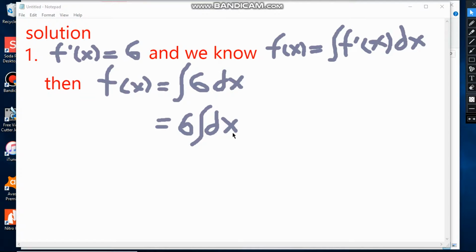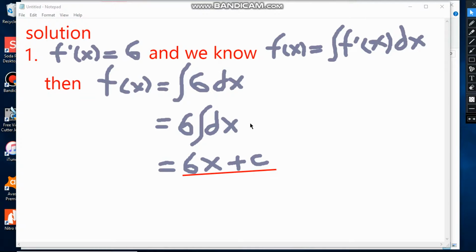So 6 times x, what we get is 6x, and we must add c, because when we differentiate a constant, the result is equal to 0. So we don't know whether we differentiated a constant or not.